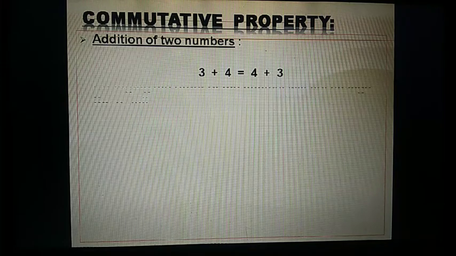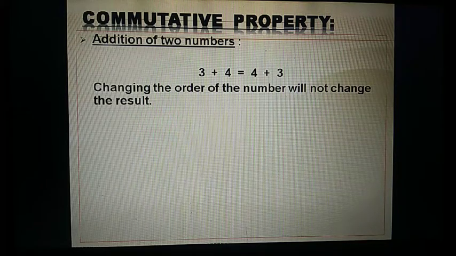It means changing the order of the numbers will not change the result. Commutating means interchanging. Commutating the order of numbers in addition does not change the sum.